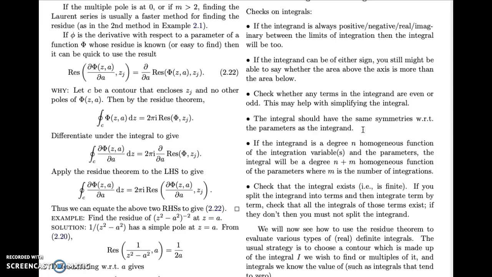For example, if you had the integral of 1 divided by x squared plus a squared, times 1 divided by x squared plus b squared, and then integrate that with respect to x. You can swap the a and b, and the integrand is effectively the same thing. So that means the answer should also be symmetrical in a and b. In other words, you should be able to swap a and b and get the same thing.